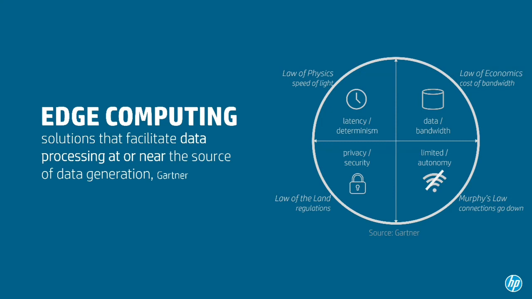In both cases, we have the same drivers, as defined on the screen: latency issues, bandwidth, some sort of privacy, and limited autonomy for use cases focusing on edge computing.